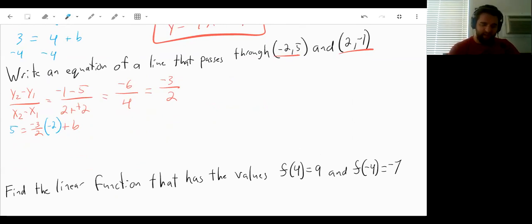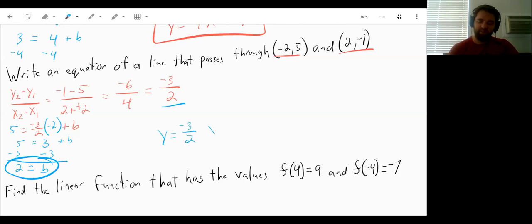Well, negative 3 halves times negative 2, that's going to come out to be a positive 3. Now we can subtract that 3 from both sides, and it'll come out with a 2 equals b. So, since we now have our slope, we have our y-intercept, we can now write our equation. So y equals negative 3 halves x plus 2. And that's all the more there is to that section.